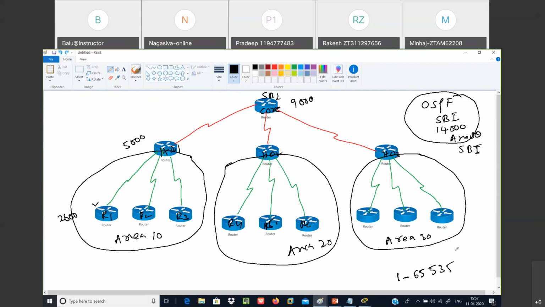You can divide into multiple areas like area 10, 20, 30, 40, but one should be the backbone area. Without a backbone area, we cannot divide into multiple areas. One should be backbone, and that backbone area is area 0. So let me make the core router area 0.